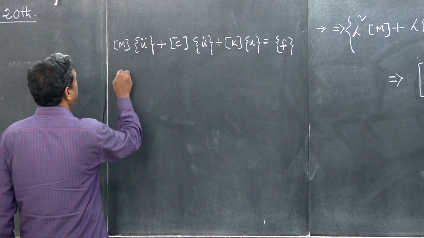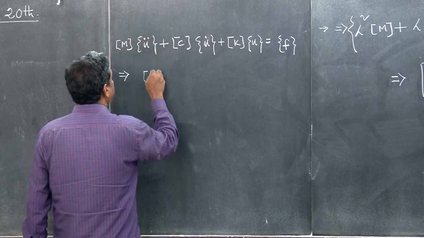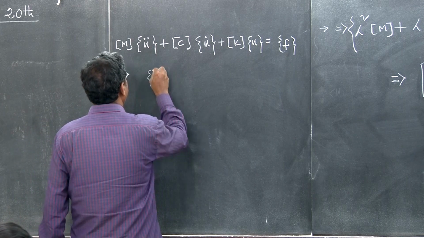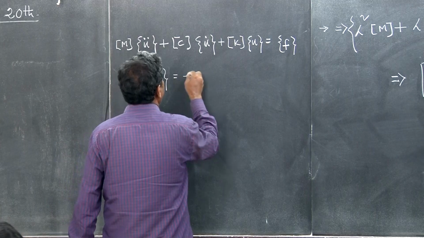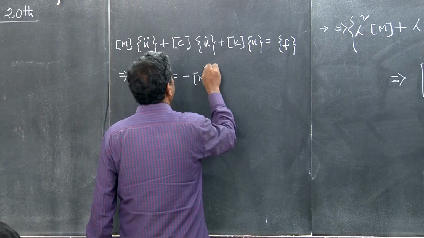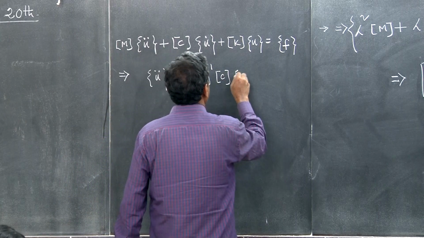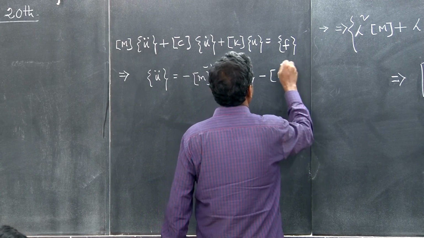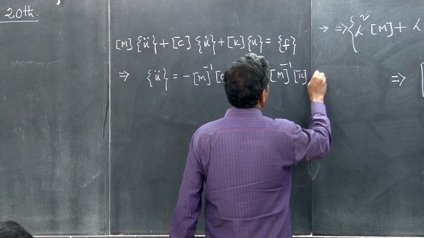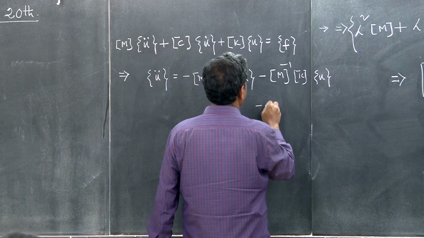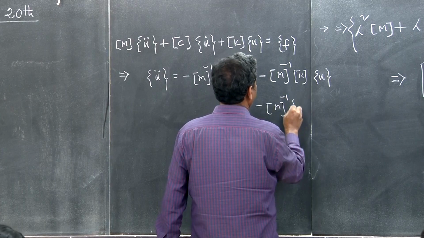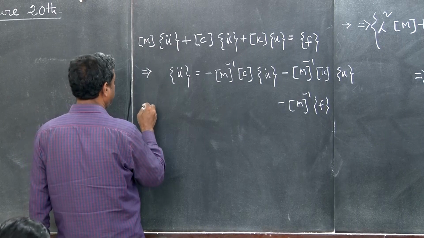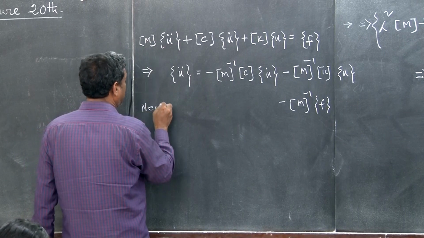Now you can write u double dot to be minus m inverse c u dot minus m inverse k u minus m inverse f, right? Now I can define a new state variable.